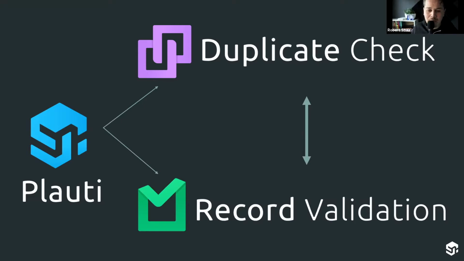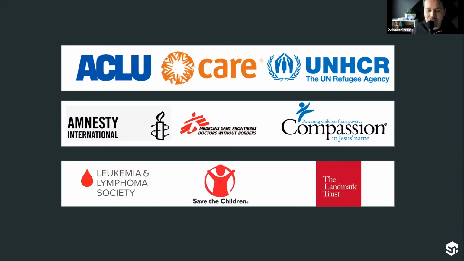We have a wide range of clients, from small local charities up to larger organizations with millions and millions in records and anything in between. These are some names we're very proud of: ACLU, CARE, Amnesty International, the list goes on and on.